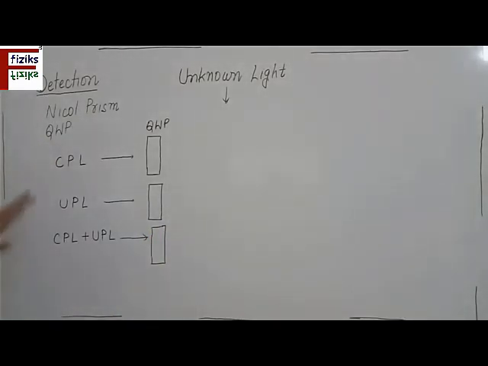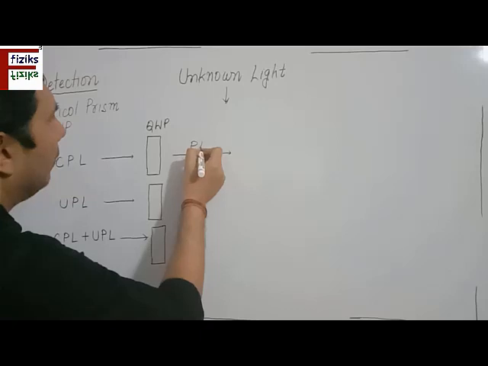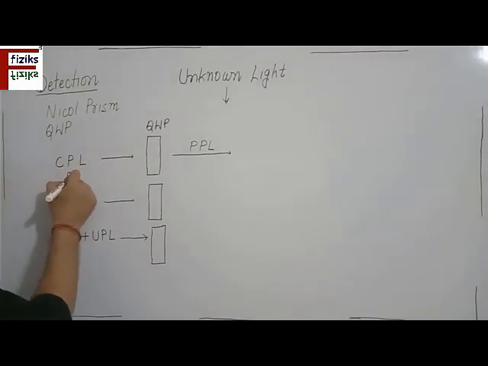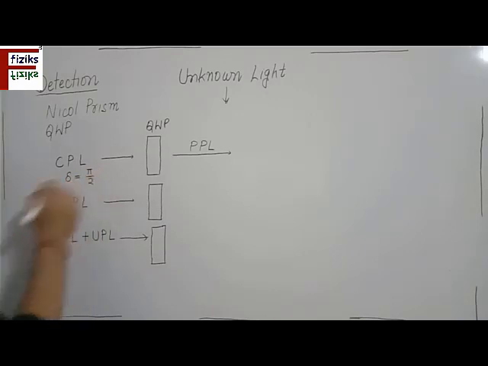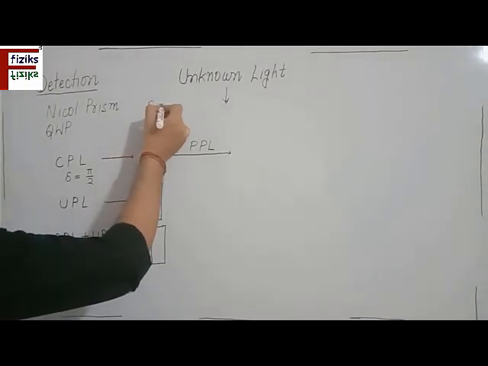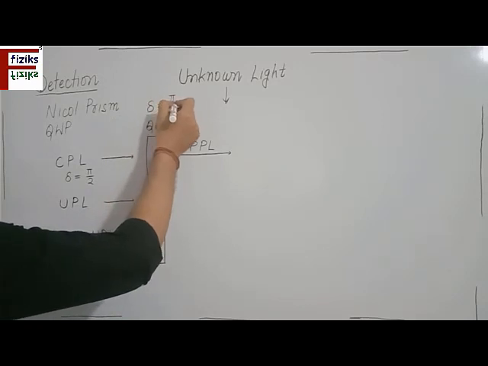So when circularly polarized light is passed through the quarter wave plate, it will convert into plane polarized light. Why will it convert into plane polarized light? Because for circularly polarized light, delta is equal to pi by 2, and this quarter wave plate will also introduce a phase difference between E ray and O ray that is equal to pi by 2.